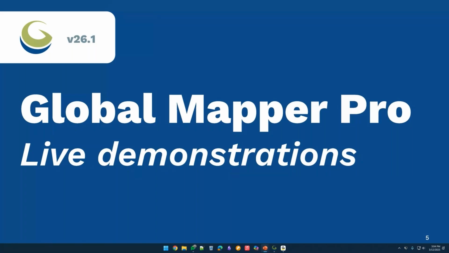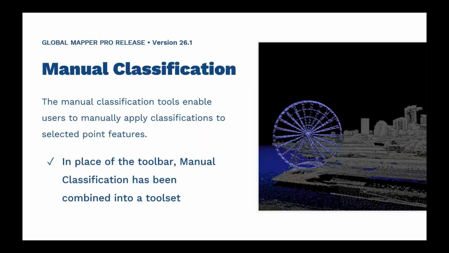Mackenzie, do you want to start us off? We're going to start by talking about a little bit of point cloud classification. Now, Global Mapper Pro has tools for automatic point cloud classification, as well as manual classification.